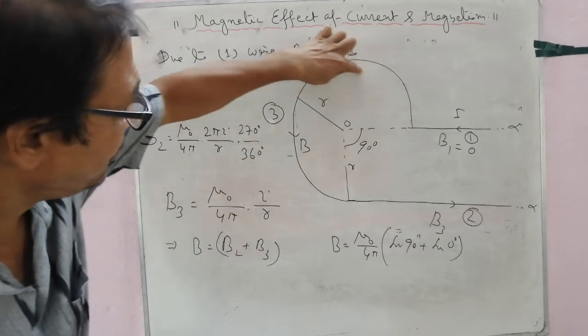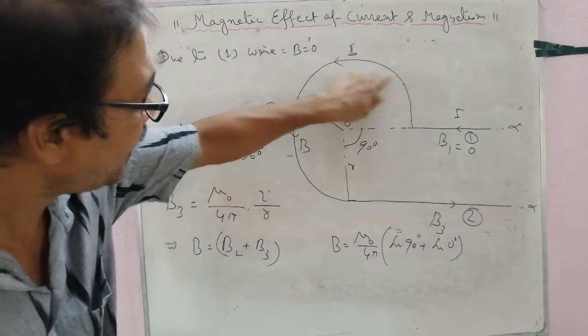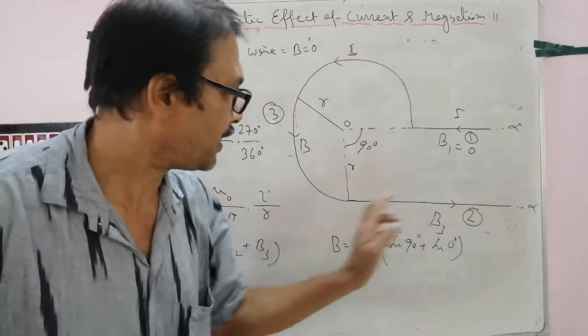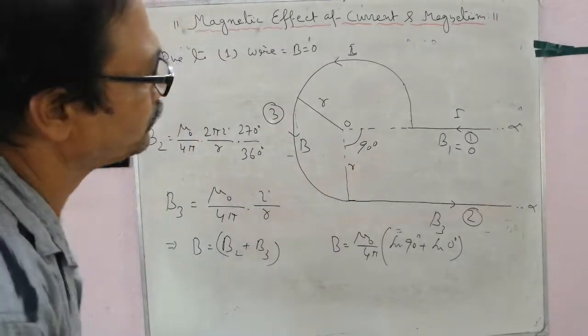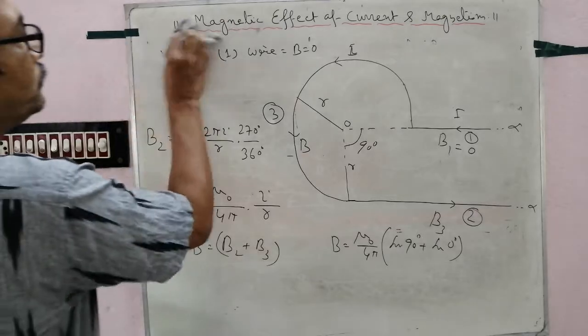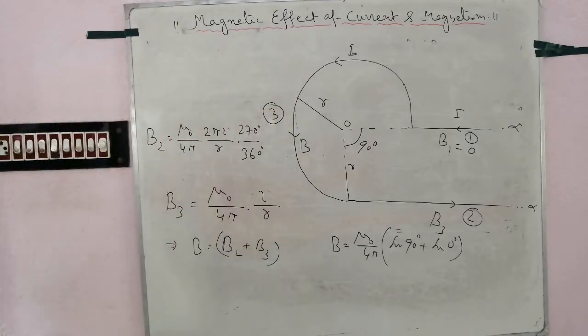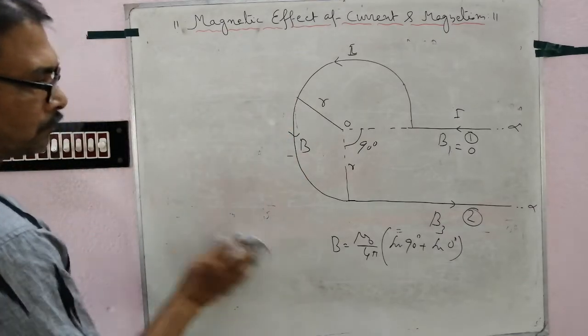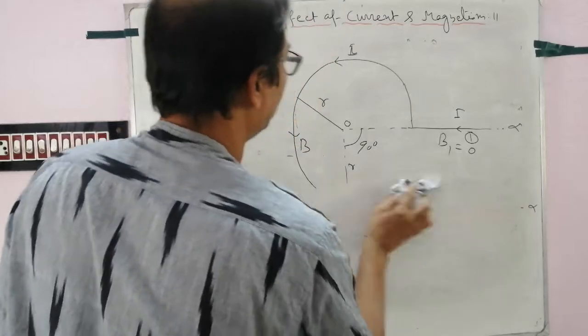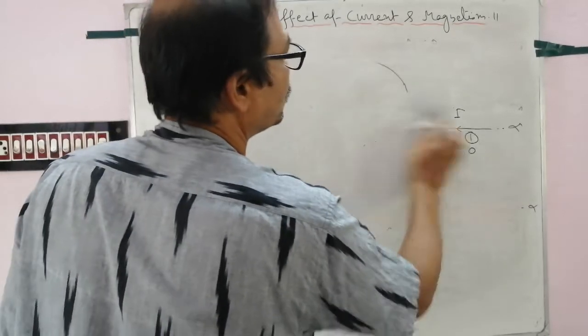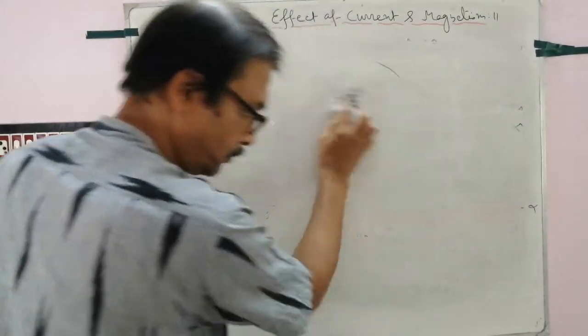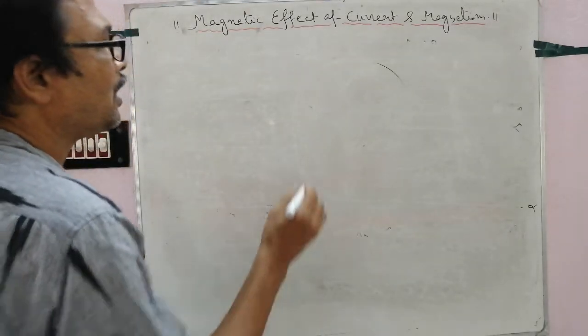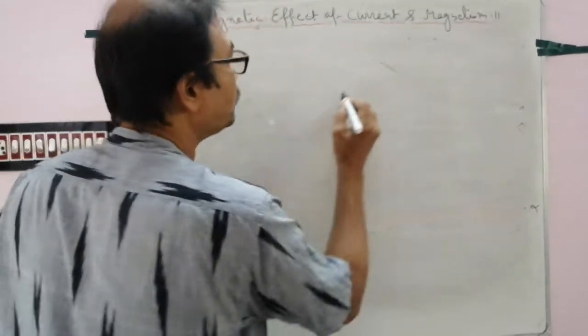Follow. This is a circular loop from here to here, and this is a straight wire. This is the circuit. Okay. If in this way, follow.